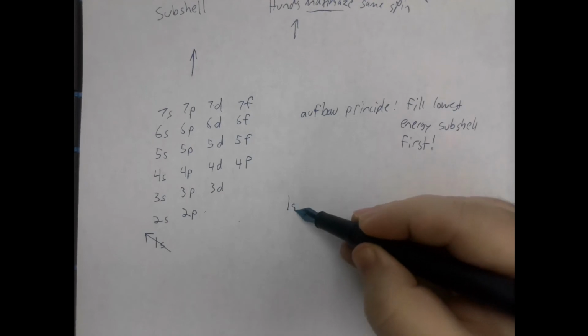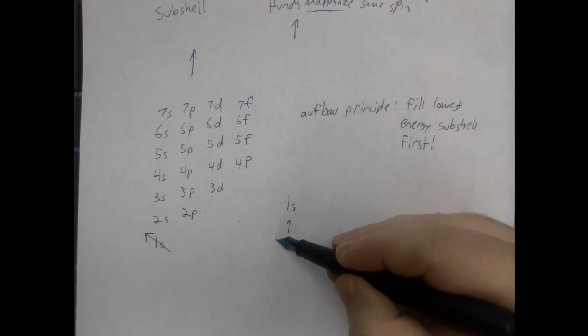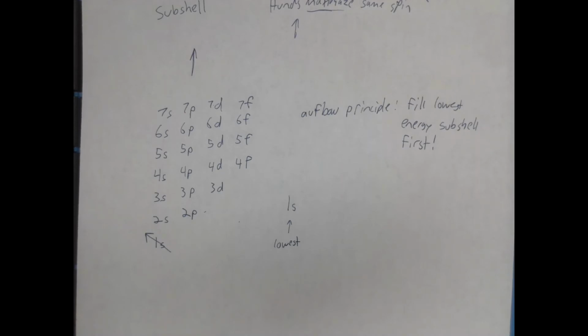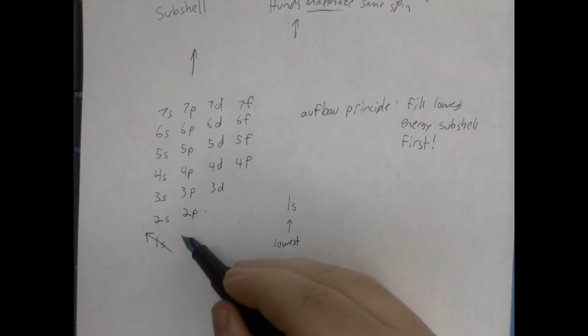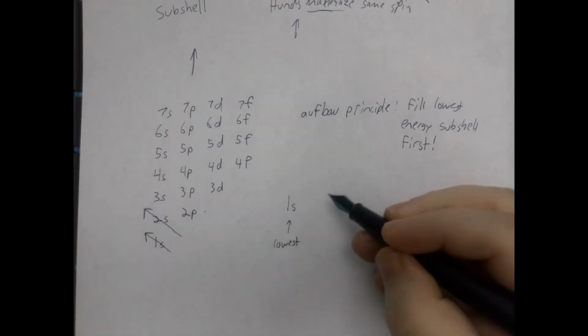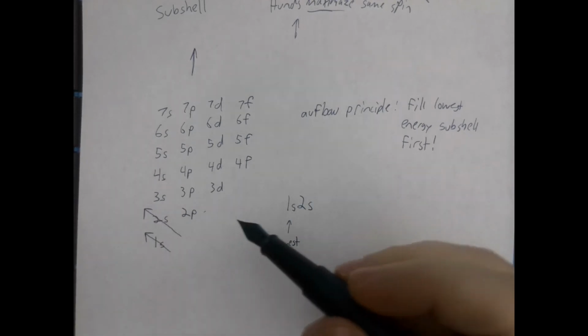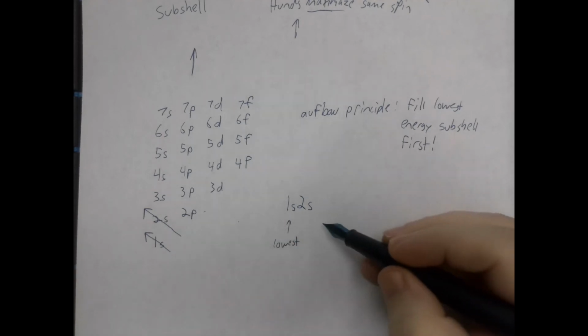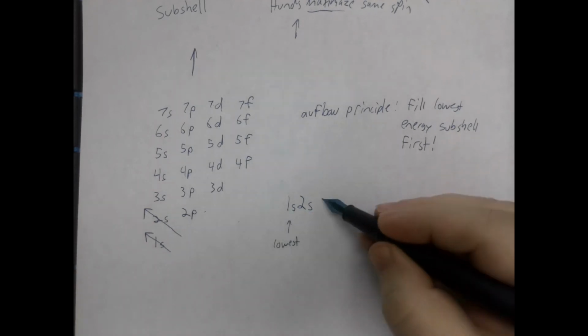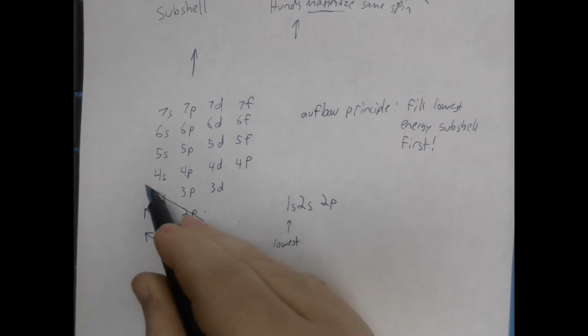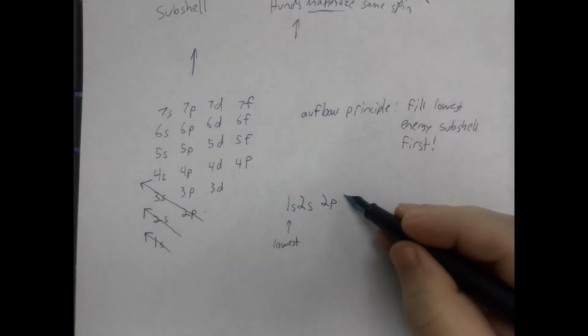So 1S is the lowest. The second lowest is 2S. The third lowest is 2P. And then 3S.